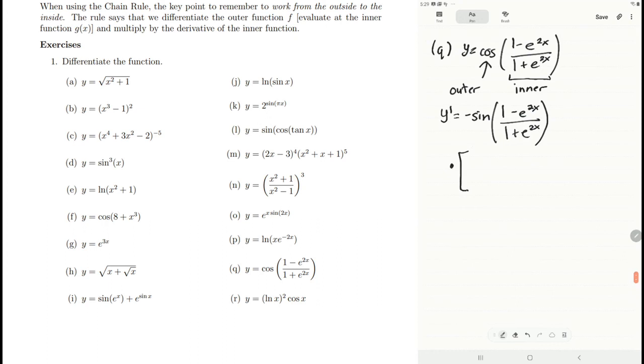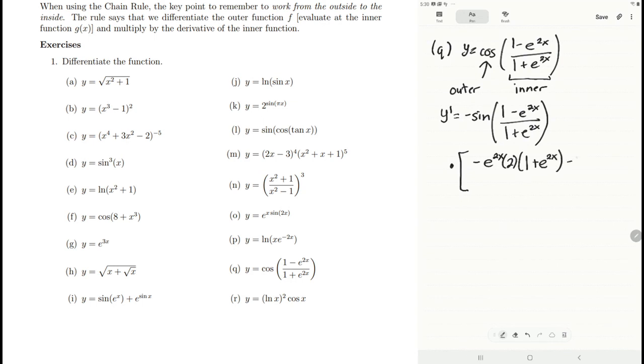And to find the derivative of the inner function, we use the quotient rule. So the derivative of 1 minus e to the 2x is negative e to the 2x times 2. This is multiplied by 1 plus e to the 2x.